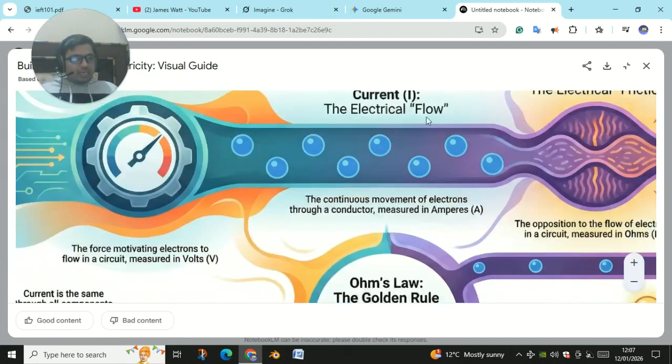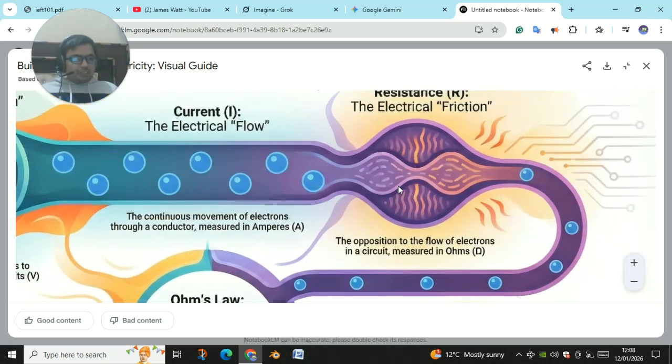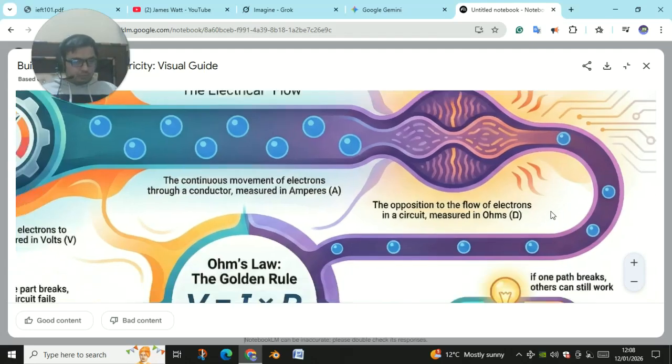Current, the electrical flow, is the continuous movement of electrons through a conductor, measured in ampere. Resistance, the electrical friction, is the opposition to the flow of electrons in a circuit, measured in ohms.